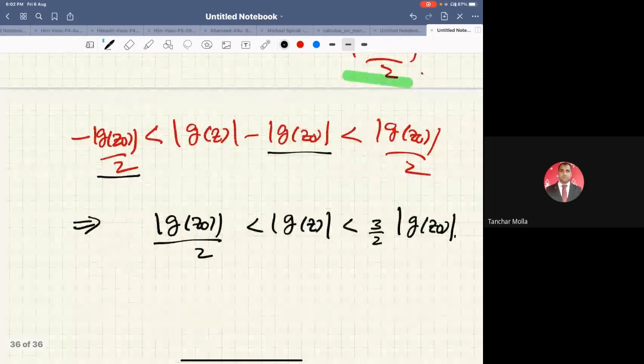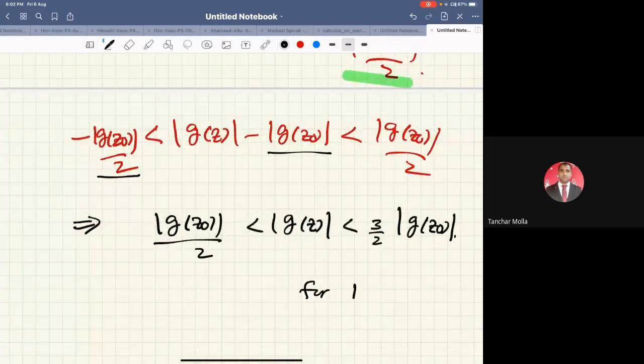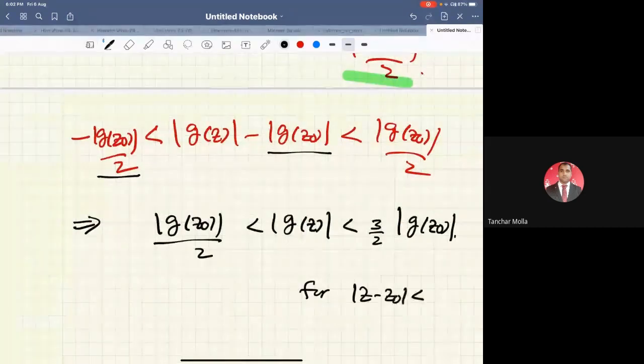And this is valid for modulus of z minus z0 less than delta.